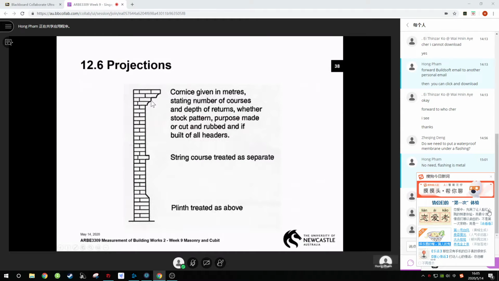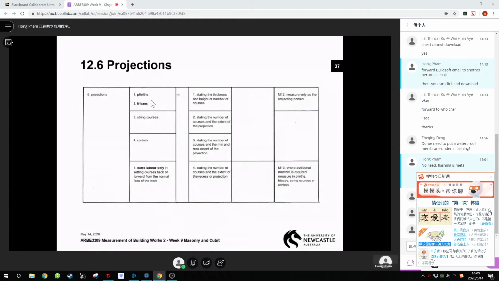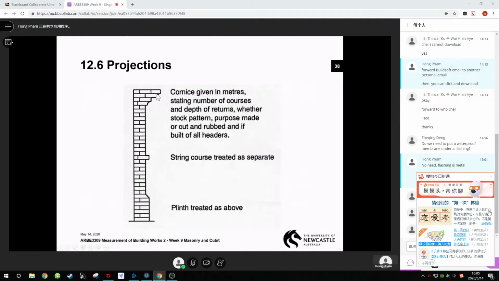Usually they run along the ceiling, along the walls. So just measure the length and describe the dimensions, stating the thickness and the heights or number of courses. For example, 1, 2, 3, 4 courses. So these cornices have 4 courses. State out the size and the courses.